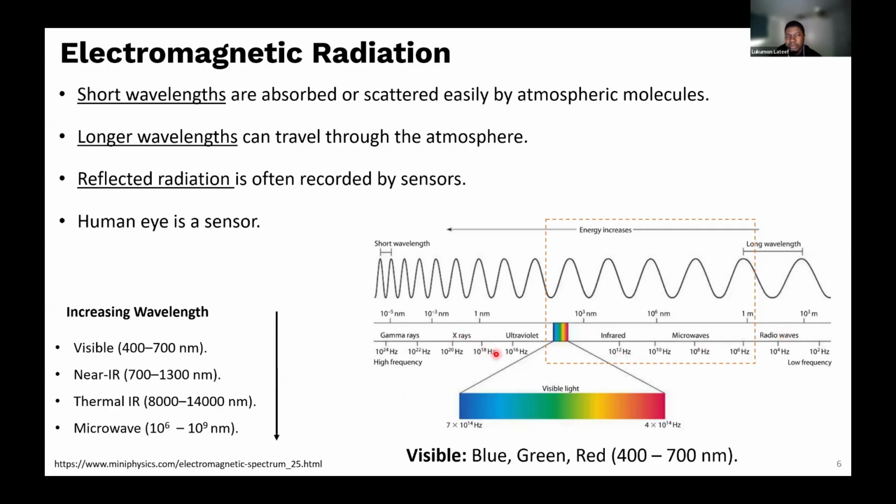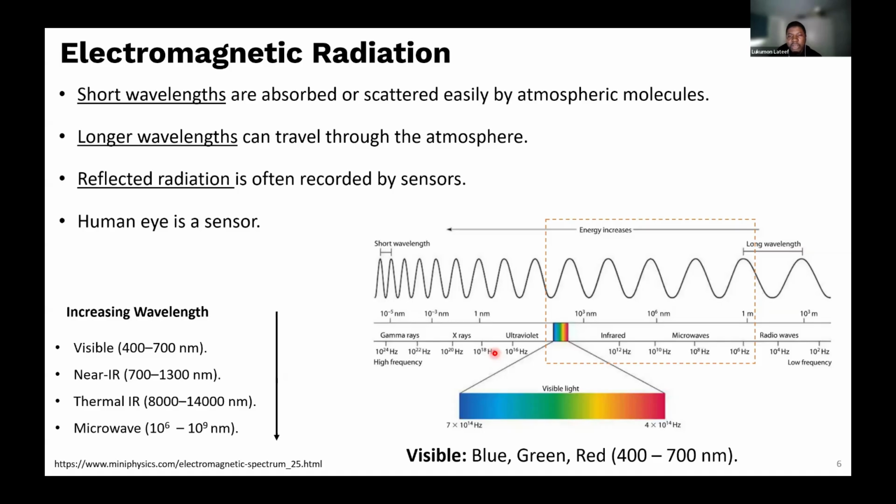So in remote sensing, the wavelength affects how far energy from the sun can travel through space to reach the Earth's surface. Because in the atmosphere, we have some gas molecules, some particles, that affect the energy from the sun reaching the Earth's surface.